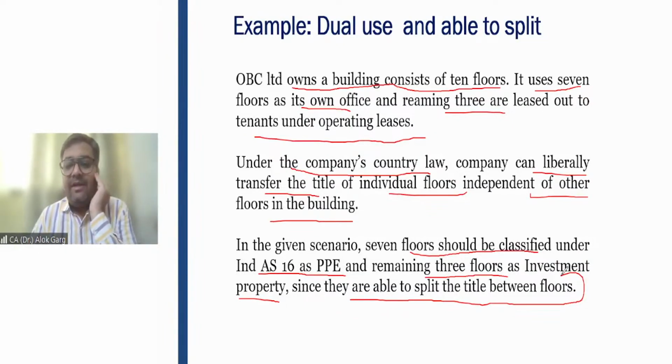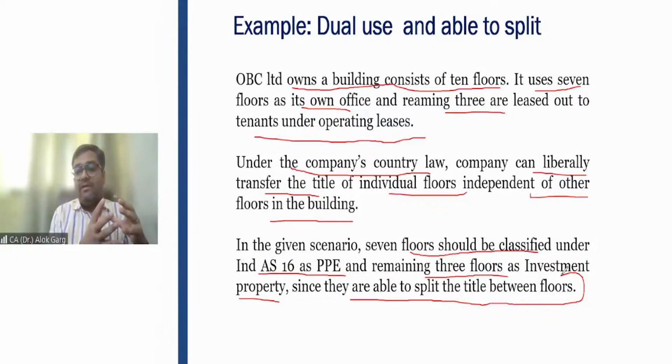Now what happens if the company is not able to sell the legal title of the floors independently? If the company has to sell one floor, it has to sell the entire building. One floor could not be sold separately. Having said that, still the company has let out the 3 floors separately and the company is using 7 floors for business purposes. Sir, in that case, what happens? Because you cannot say that the 3 floors are investment property.